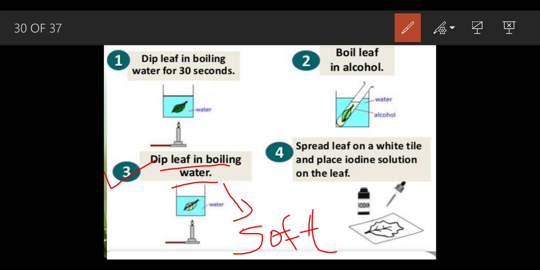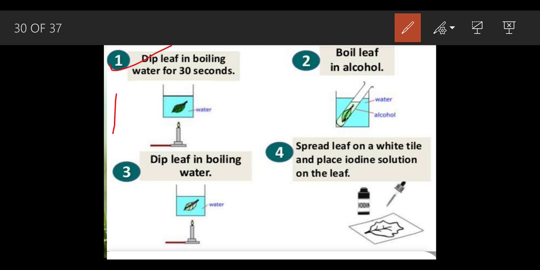Now the leaf is soft, and it is not going to break. Now in the fourth step, we have to see: in the first step we killed the cells, and in the second step we removed the chlorophyll.